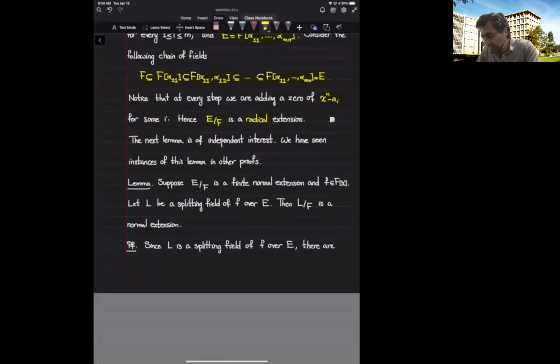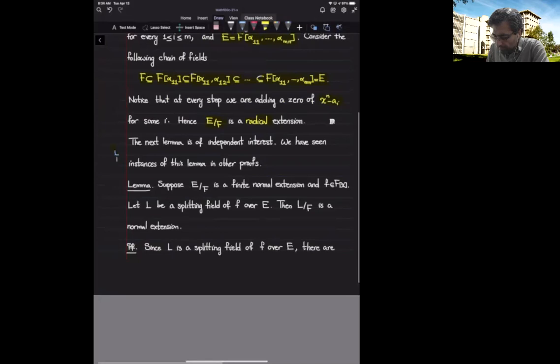We have already seen that if I give you a tower of fields, L over E and E over F, if I tell you that this part is a normal extension, and this part is also a normal extension, we cannot necessarily deduce that L over F is a normal extension.